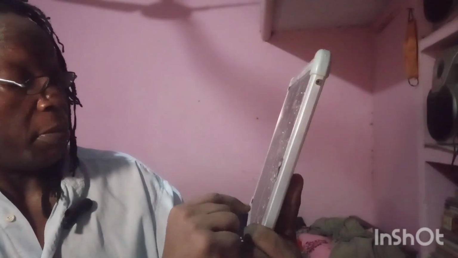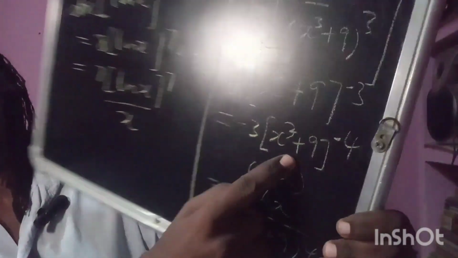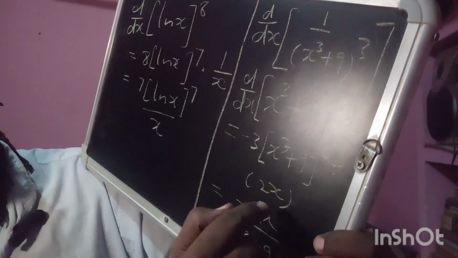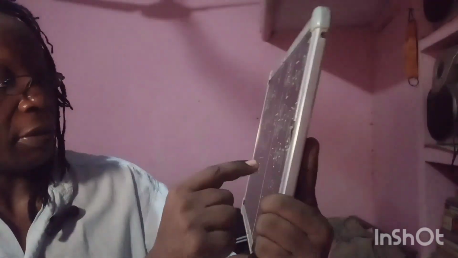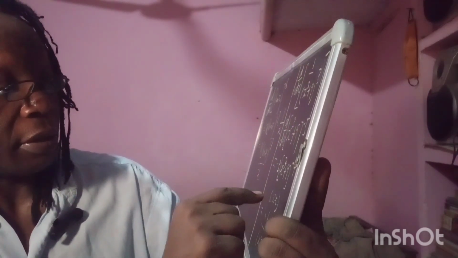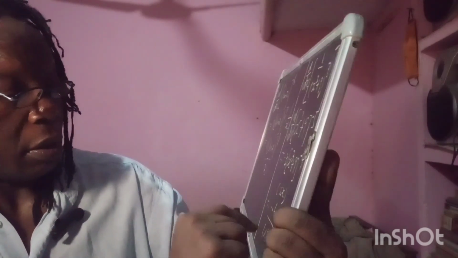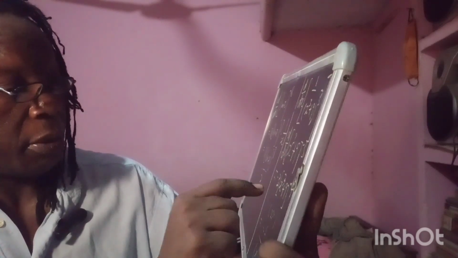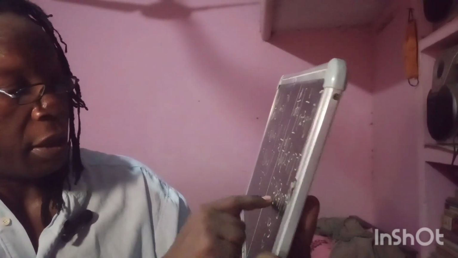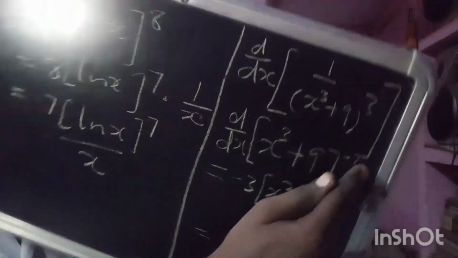So what will happen is, if we differentiate this one, 9 will disappear because it's a constant, and the exponent will come in front. We subtract 1 here. Once you bring it in front and subtract 1, guys, it's very difficult to turn the board now and again.